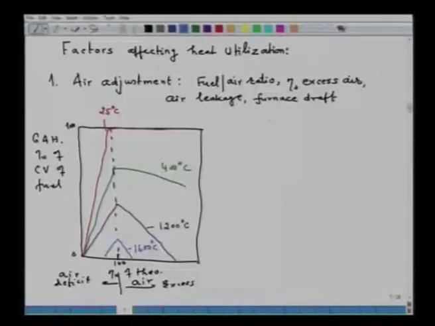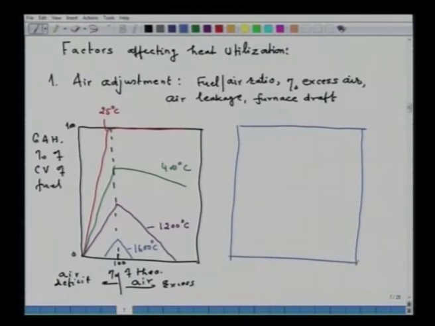That means now if I plot, this is again 100, this is percent theoretical air, this is 0, and here I will plot relative fuel consumption, say for example meter cube per 1000 kilocalorie heat.